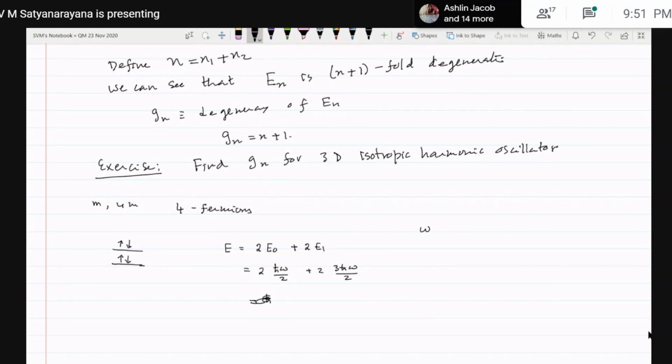Your omega depends on the mass, right? Omega is equal to square root of k by m. Yes, exactly. Like, m will be greater when omega will be less. Correct. So if you want the smallest energy, m should be greater for every particle. Yes, sir. So that means all particles should be 4m. Yeah. So I got the correct answer, sir.